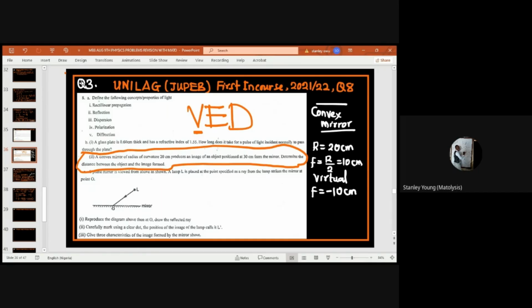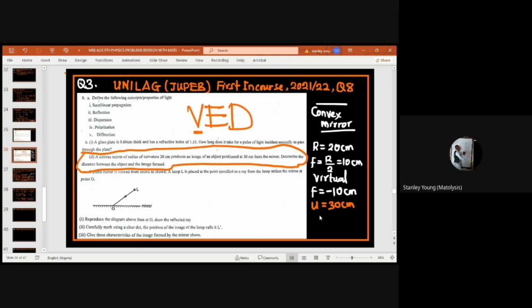The next information, the question says it produces an image of an object positioned 30 centimeters from the mirror. So the object distance is going to be 30 centimeters from the mirror.